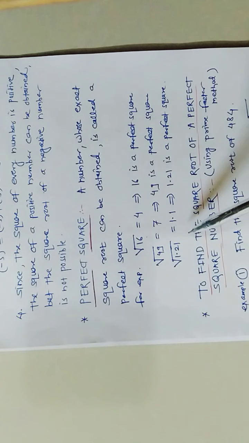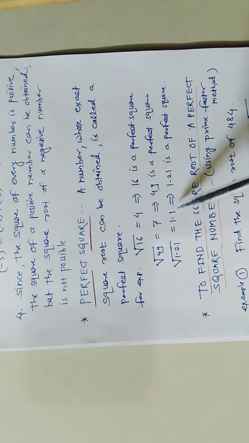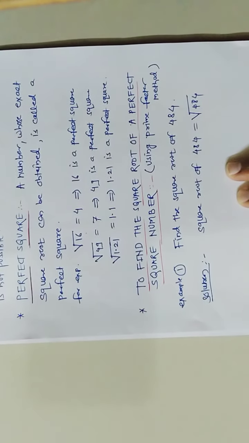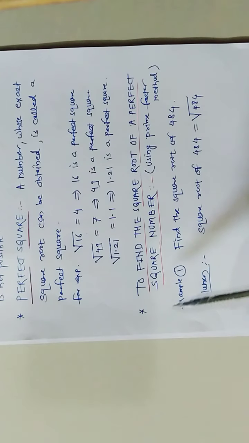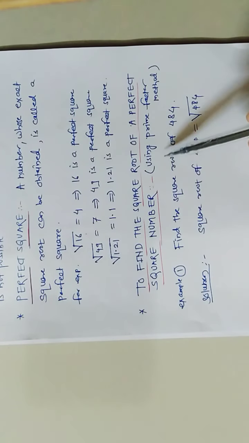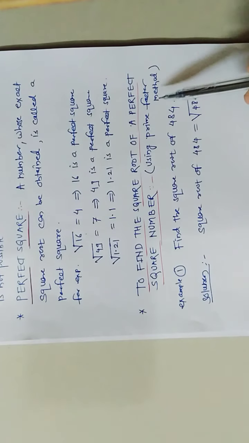Now consider another example: the square root of 1.21 is equal to 1.1. So therefore 1.21 is a perfect square. Now we'll see the next topic, very important: to find the square root of a perfect square number by using the prime factor method.